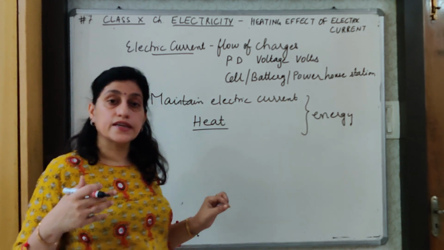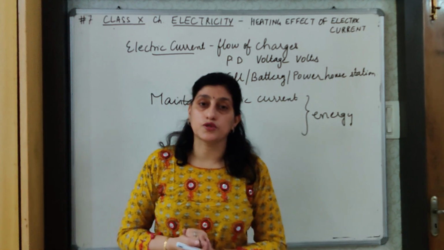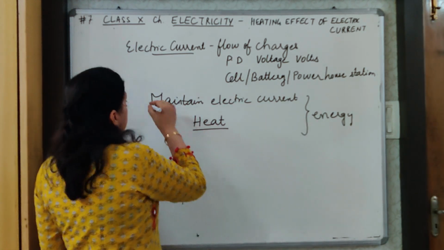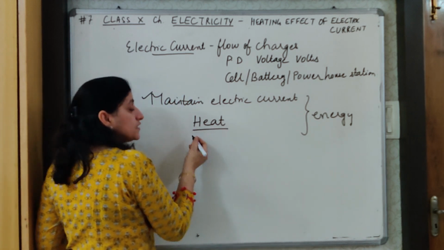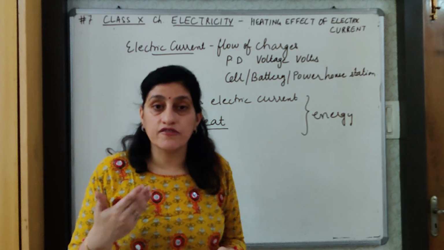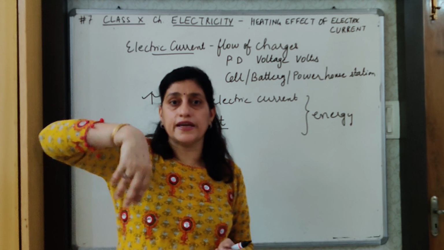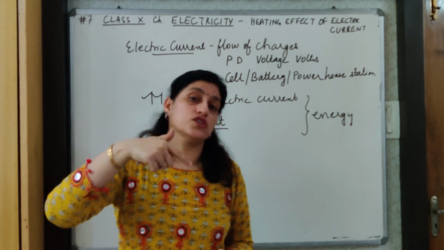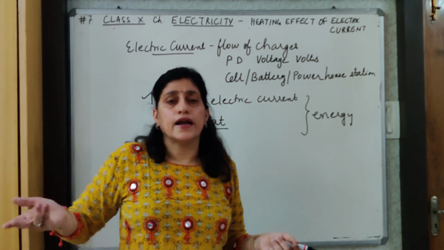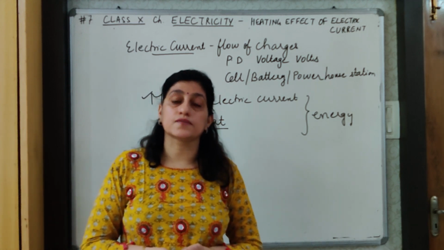So from where is the heat of the appliances coming? It is coming from the energy which is being supplied to it. But when we require electric current, this heat becomes a waste. For example, if I am working on a mixer for some time, I want that mixer to rotate. My requirement is rotation of the blades of the mixer, and heating is not a wanted phenomenon in this particular case.